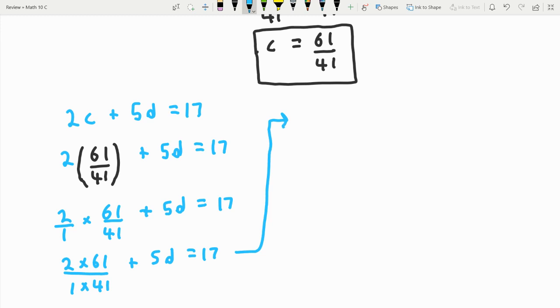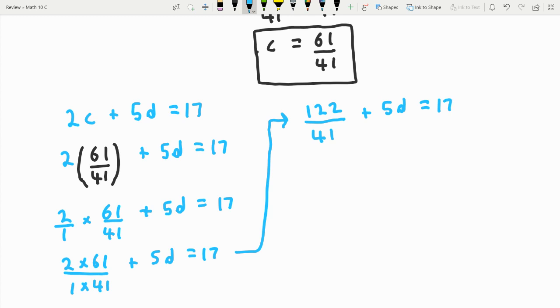So 2 times 61 is just going to be 122. And 1 times 41 should be just 41. So I have 122 divided by 41 plus 5d equals 17.